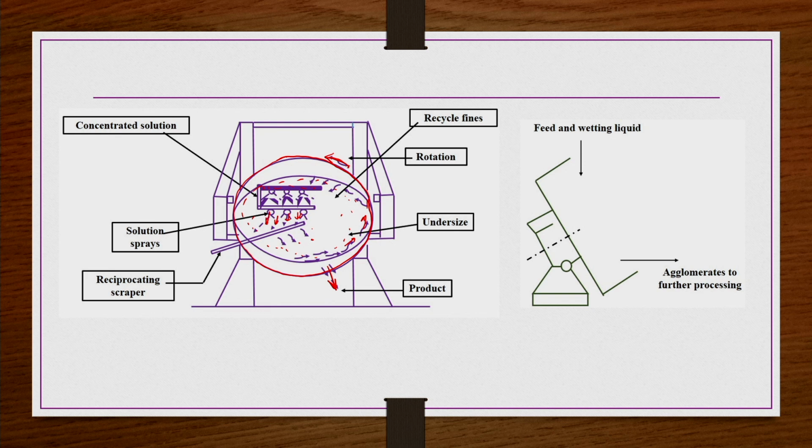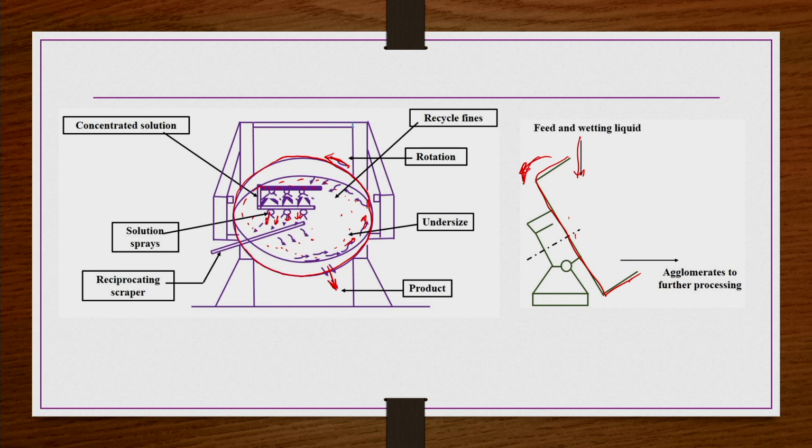So, that controlling, or the size classification, can be done by this reciprocating scraper which is moving mechanically. Now, the frontal view of the same equipment: here we have a disc, right. The feed and then wetting liquid are coming continuously here. This disc rotates something like this, let us say in this direction, it may rotate in the other direction also.